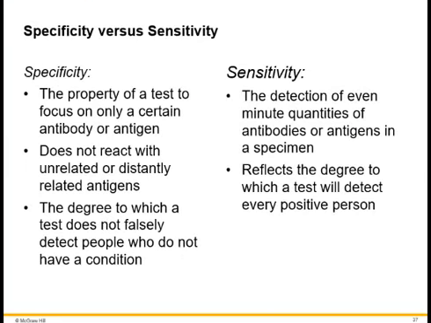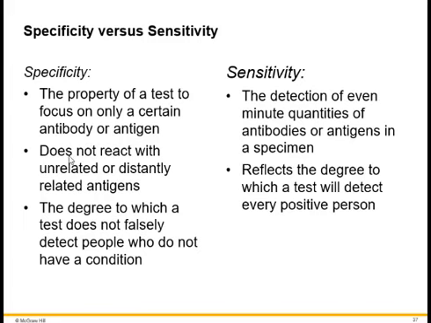So specificity versus sensitivity. One last little thing about the immunological tests before we do the concept check. Specificity means it's specific. Makes sense, right? So that's a property of the test to focus on only a certain antibody or antigen. So it's a property of antibodies and antigens that they are specific to each other.